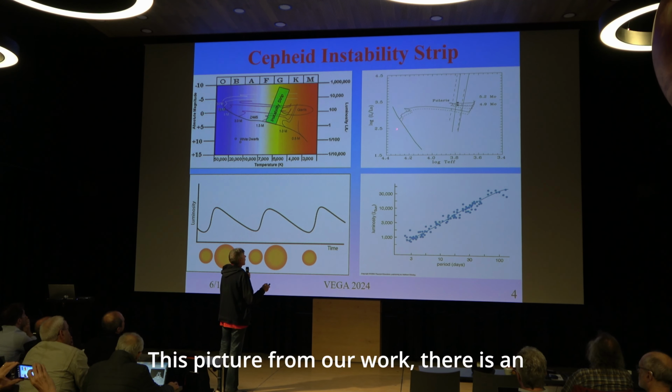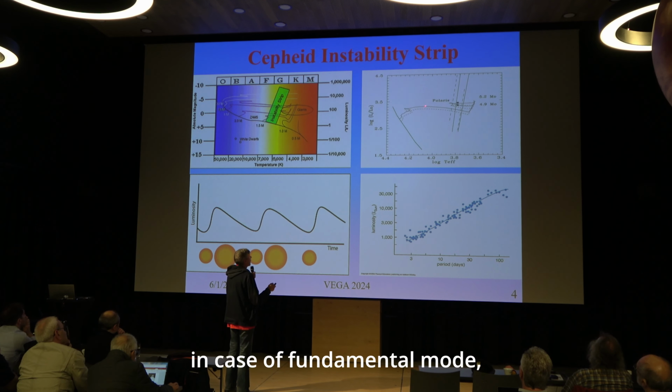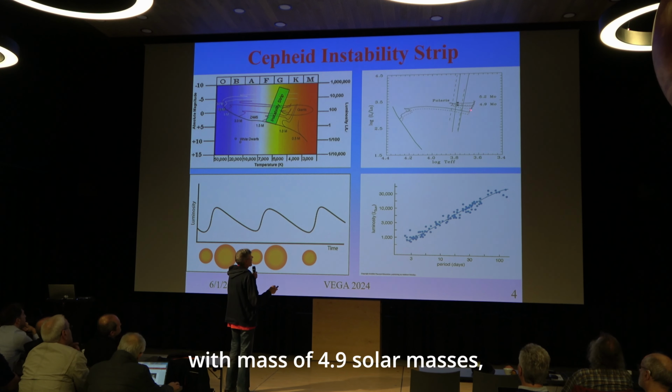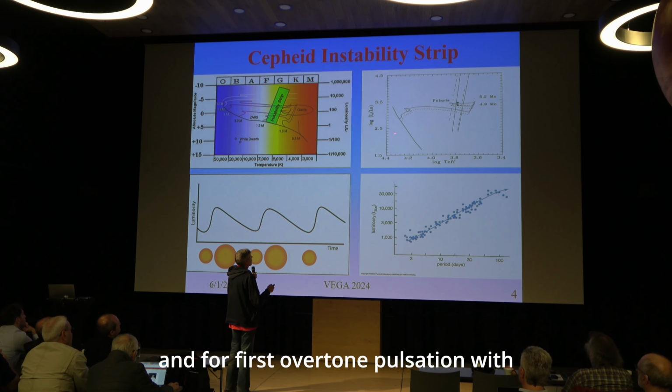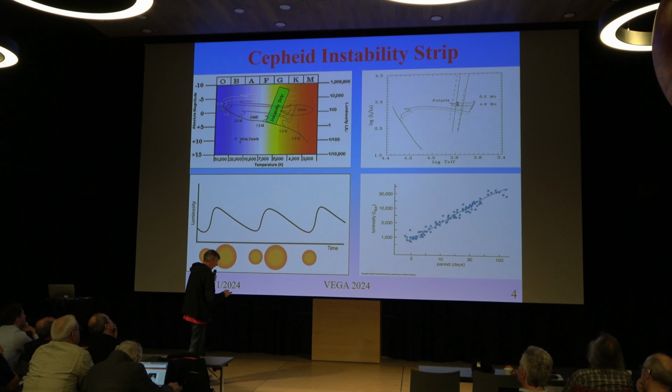This picture from our work shows an evolutionary track for Polaris, in the case of the fundamental mode with a mass of 4.9 solar masses, and for first overtone pulsation with a mass estimate of 5.2 solar masses.